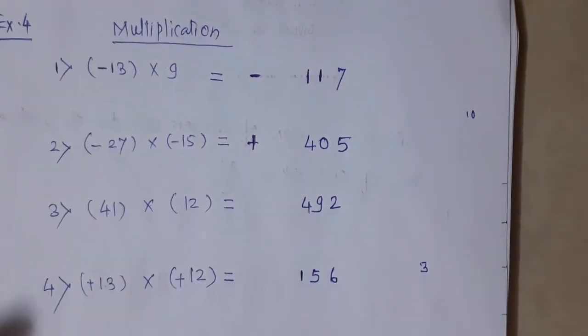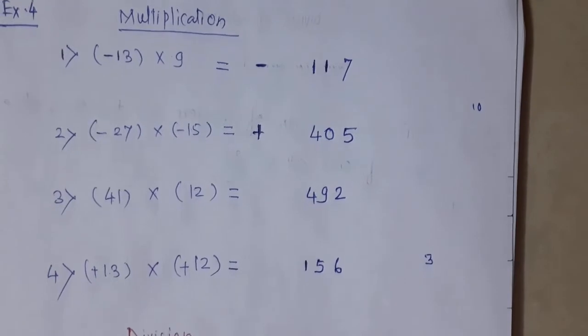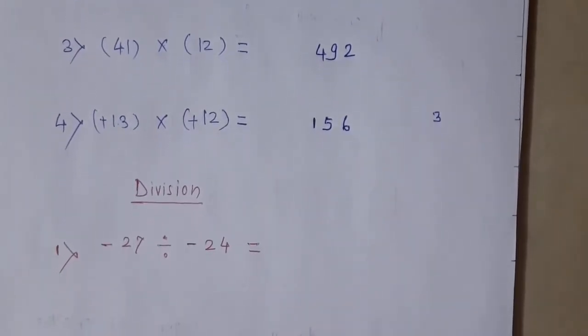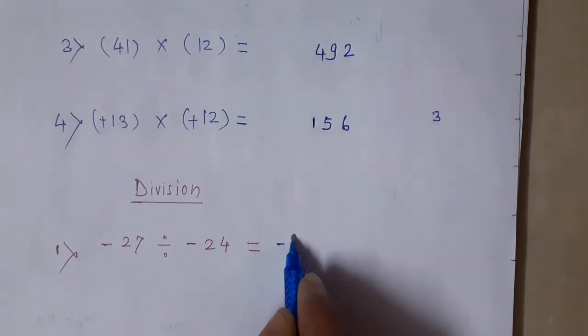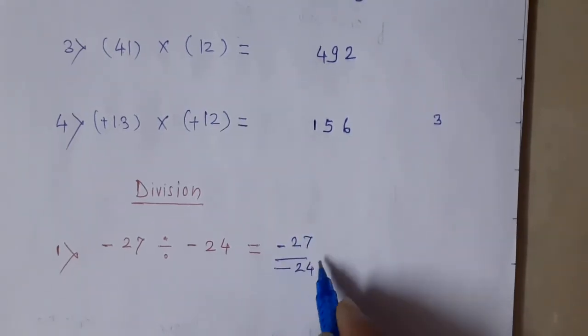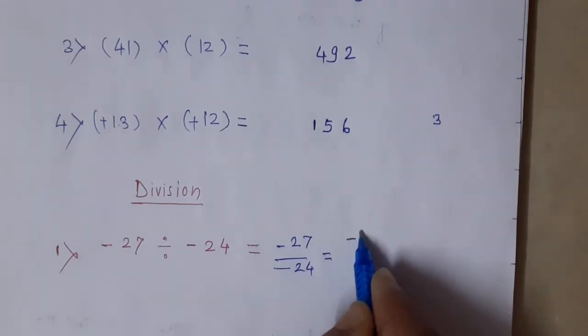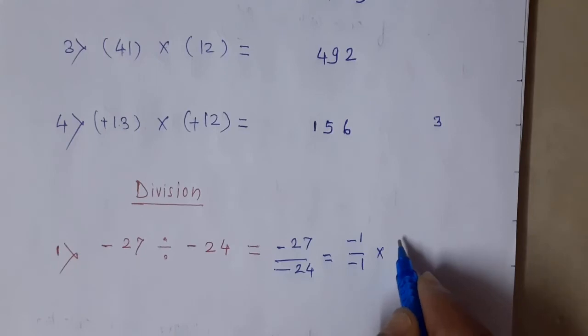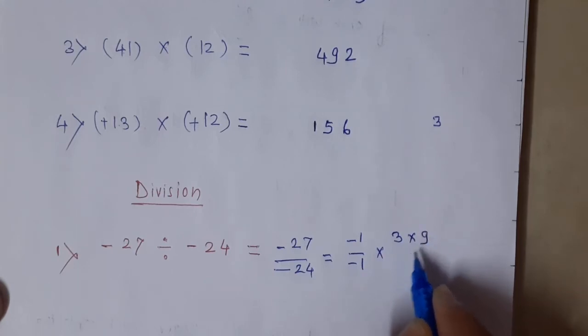Then I have chosen some numbers for the division. Okay, for these divisions I have chosen minus 27 divided by minus 24. So I can write it as minus 1 multiplied by 27, which can be written as 3 nines are, and here I can write 3 eights are.